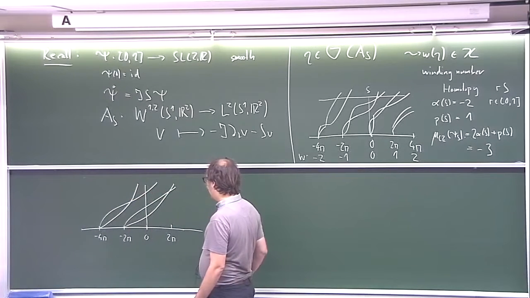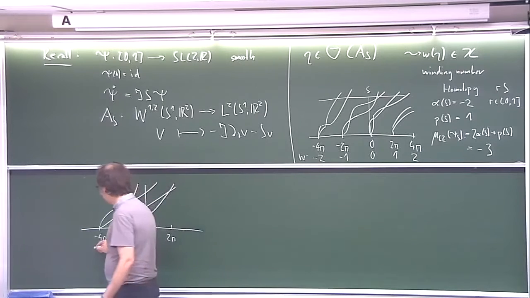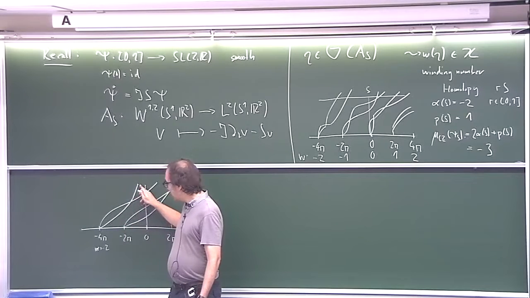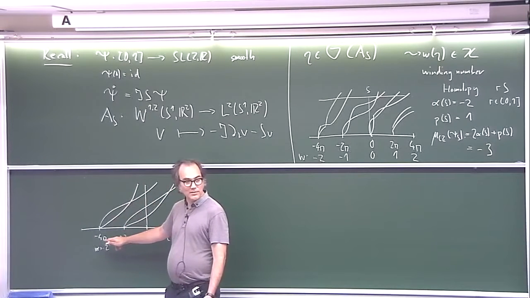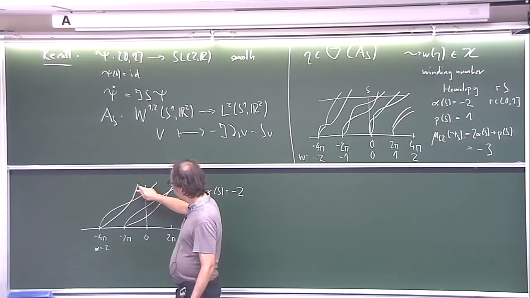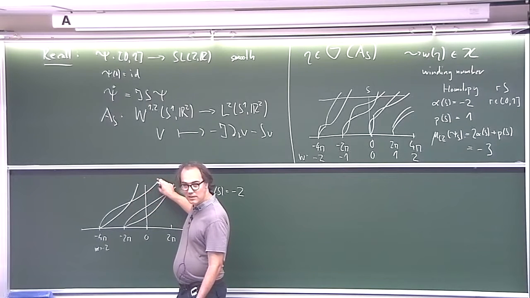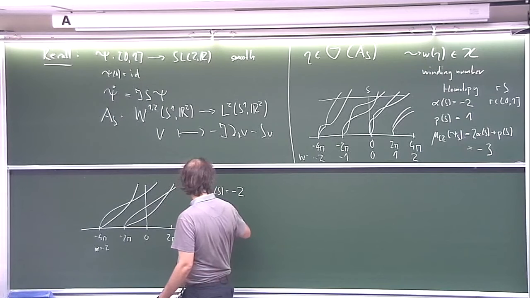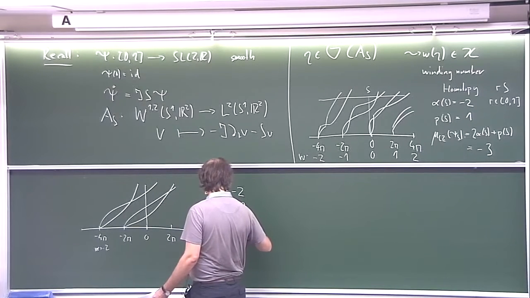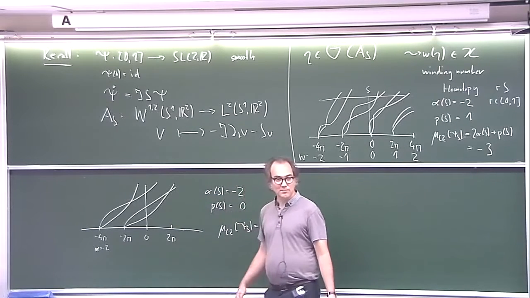Then α(S) is still −2 because we still have a negative eigenvalue of winding number −2. So α(S) is in this case still −2. But now because the sibling of this one crossed 0, the parity is 0. So p(S) is 0. And here the Conley-Zehnder index is −4, 2α(S) + p(S).